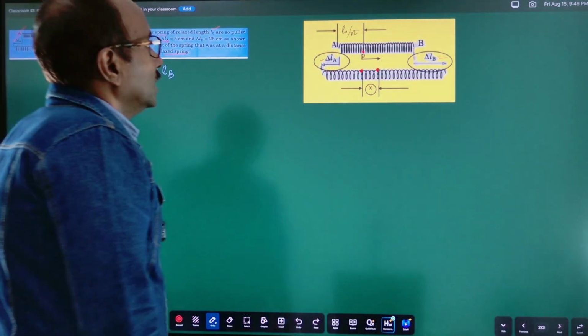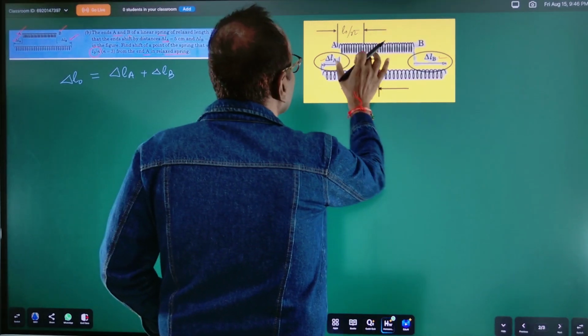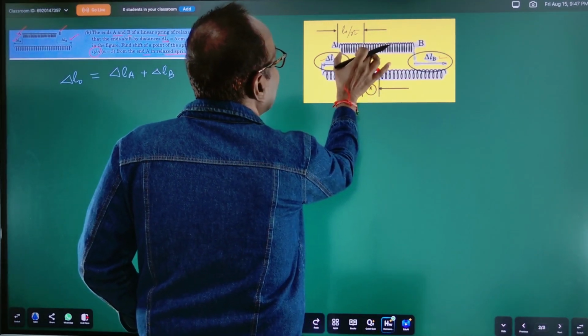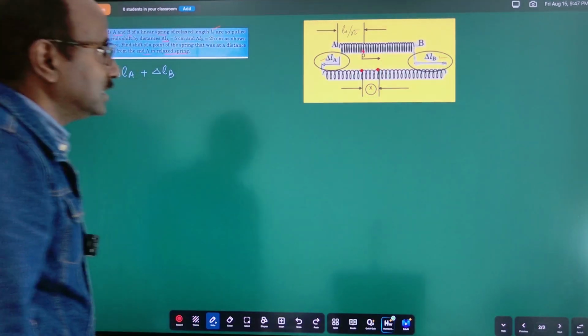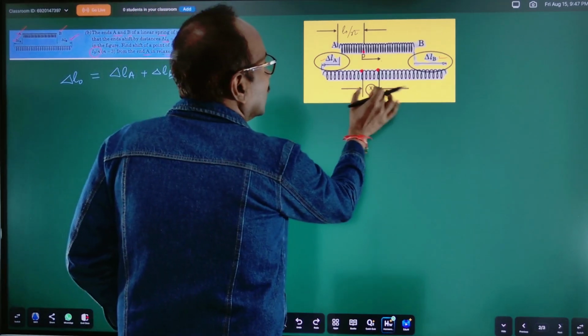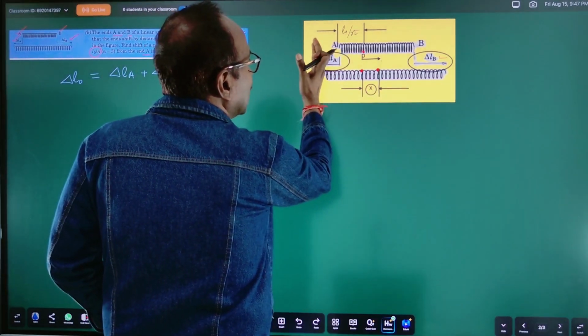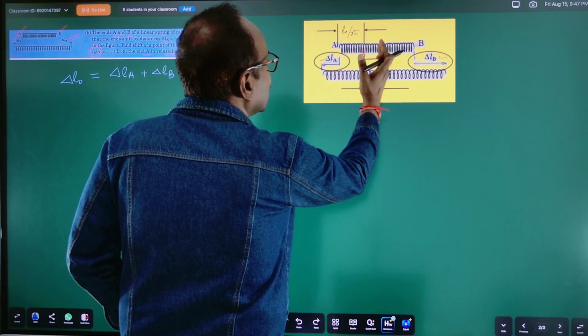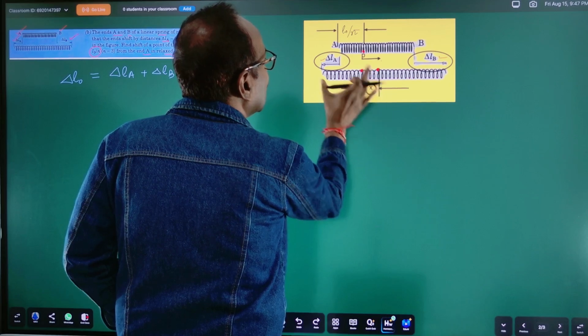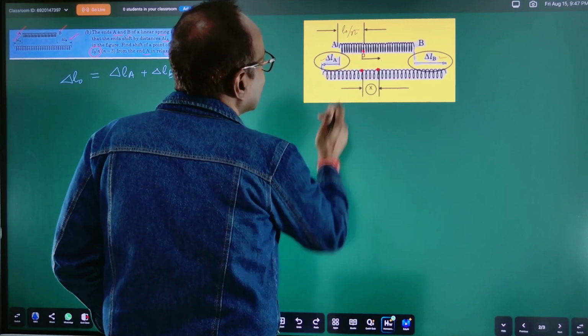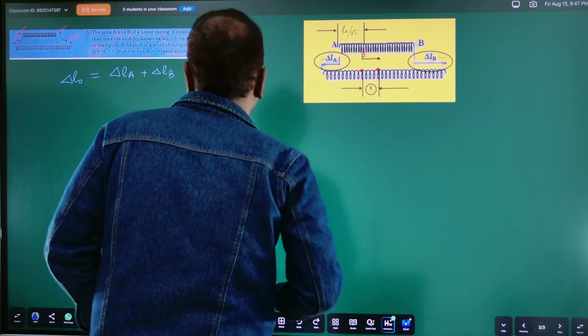So what is the total change in length of this section A to P? You can easily see A has gone this way, delta LA, P has gone this way, x. So the total change in length is delta LA plus x.